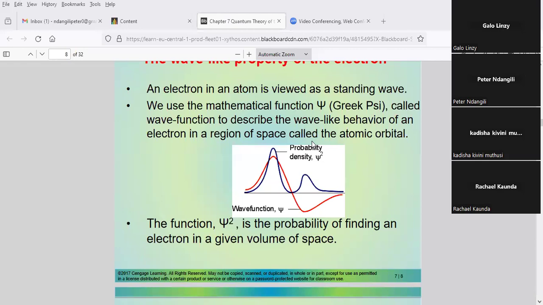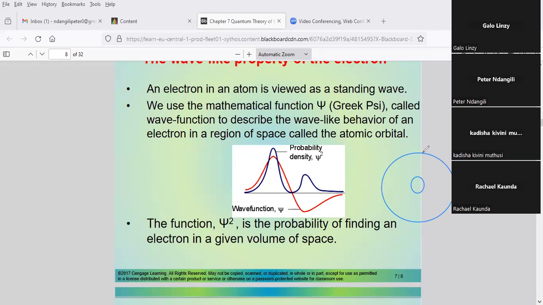Let me see whether I can draw something like this. Now, if you look at what I have here, assuming that the inner one is our nucleus and the outer one is our first orbital, n is equal to 1.